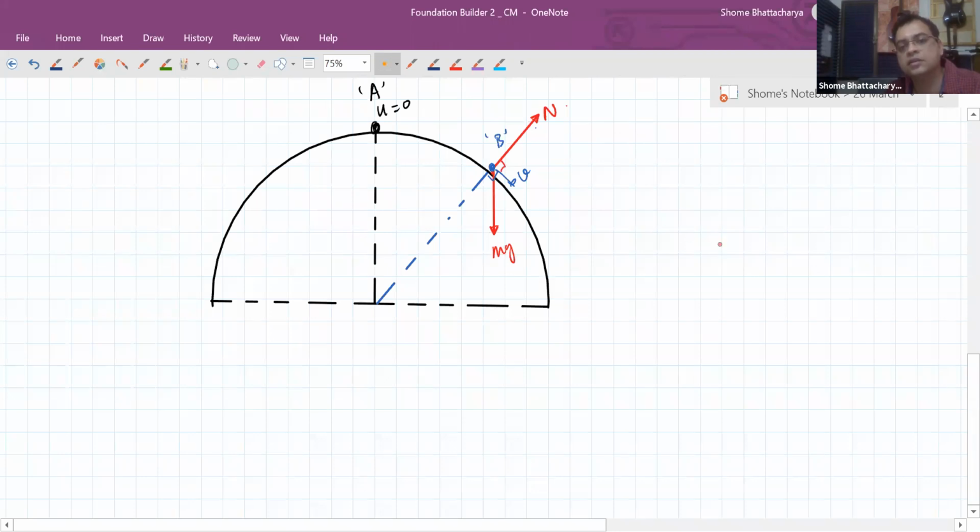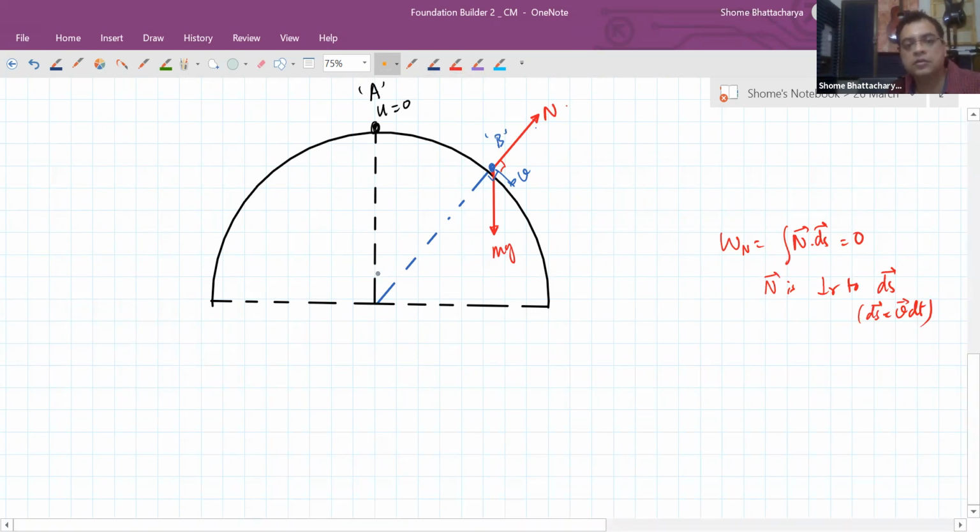This angle is 90. So work done by normal reaction will be 0, because normal reaction is perpendicular to displacement. The instantaneous displacement is velocity into time, like this.